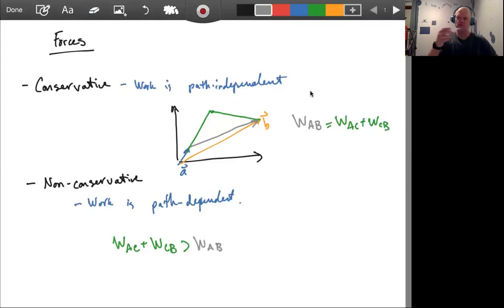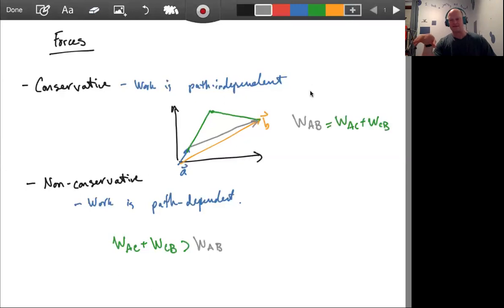So I have two different works going along two different paths. For example, let's say I'm losing energy from something like friction. The longer I go, the more energy I'm going to lose due to that friction. I mentioned this also in class yesterday.